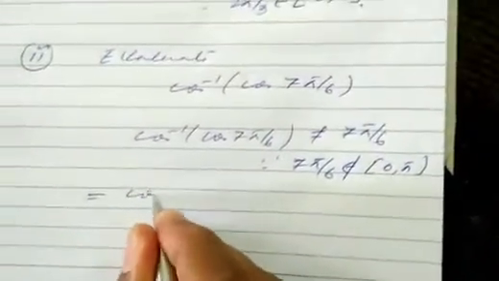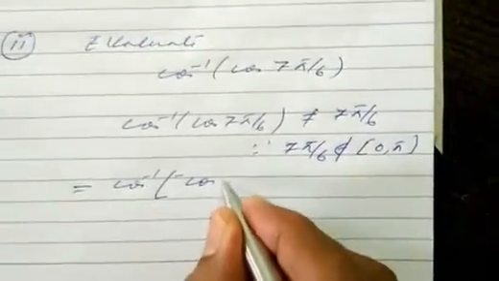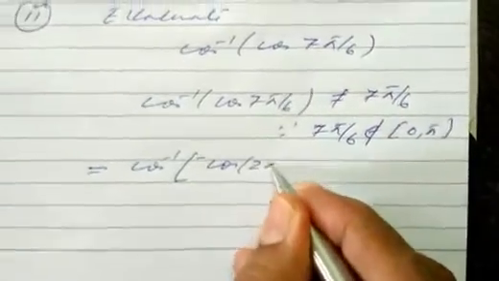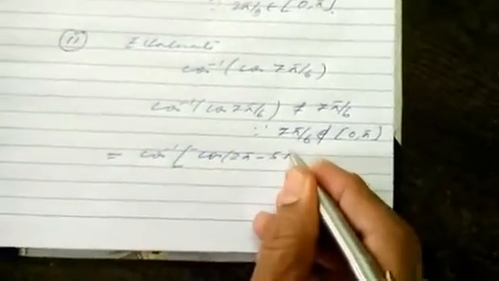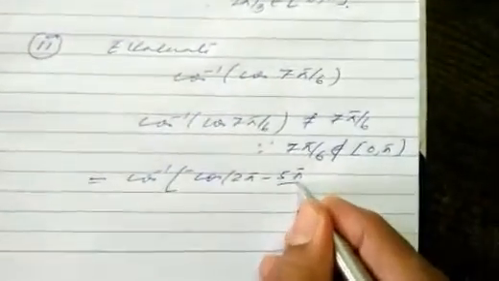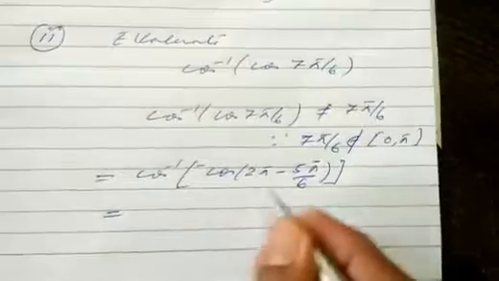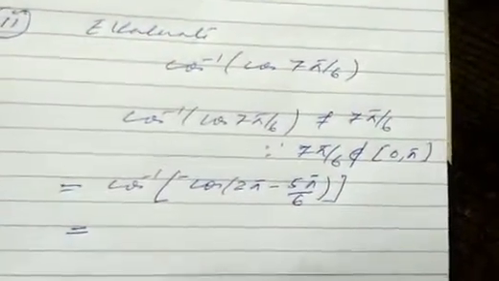Now what will we do? We'll change the pattern by the complementary form. In the fourth quadrant, cos is positive. So we can write 7 pi by 6 as 2 pi minus 5 pi by 6. The thing remains the same, but I am altering it in the ending.